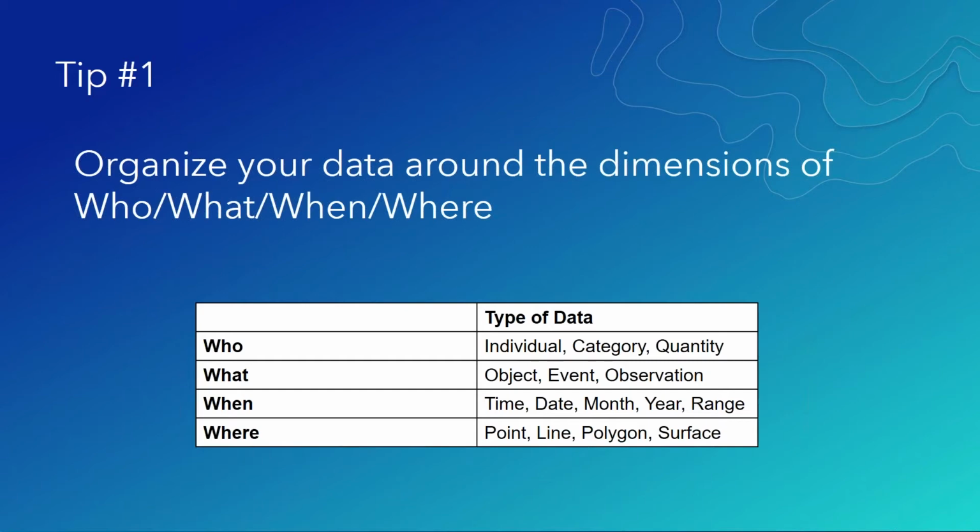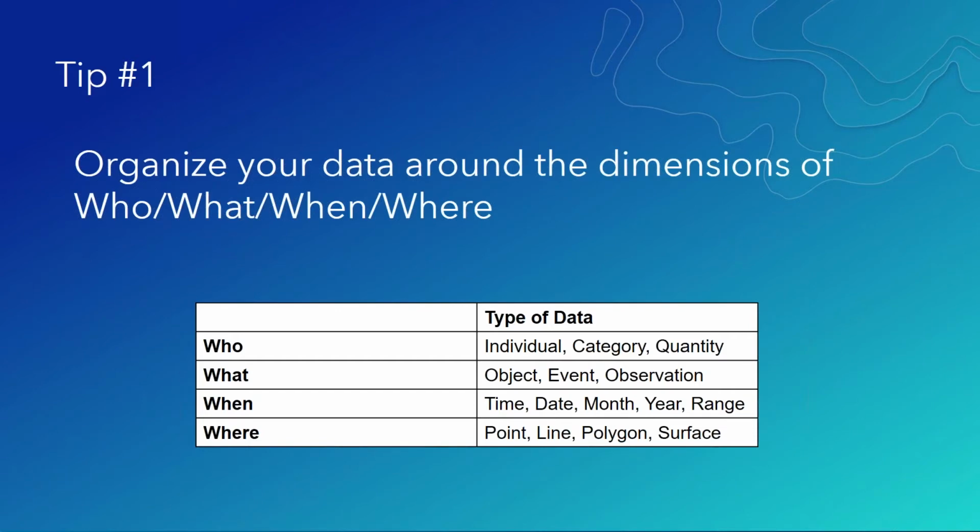And importantly, with time, things get not complicated, but you need to consider this. When we're thinking about the dimension of time, is it a time of day, or a particular date, or perhaps a month, a year, or a range that doesn't necessarily align with those divisions? And then, of course, when we're coming at it from a GIS perspective, what are we looking at?